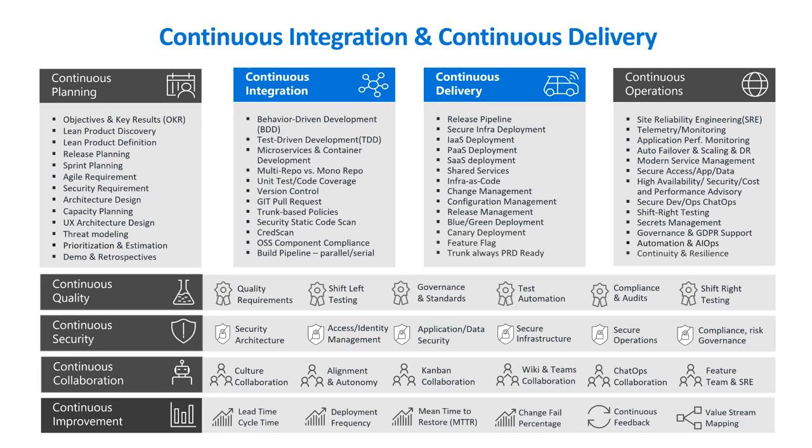And continuous delivery just expands on that and says, within our release pipeline, for example, we have to be able to do things like deploy infrastructure in a secure manner. Infrastructure as code is a really big deal in continuous delivery.